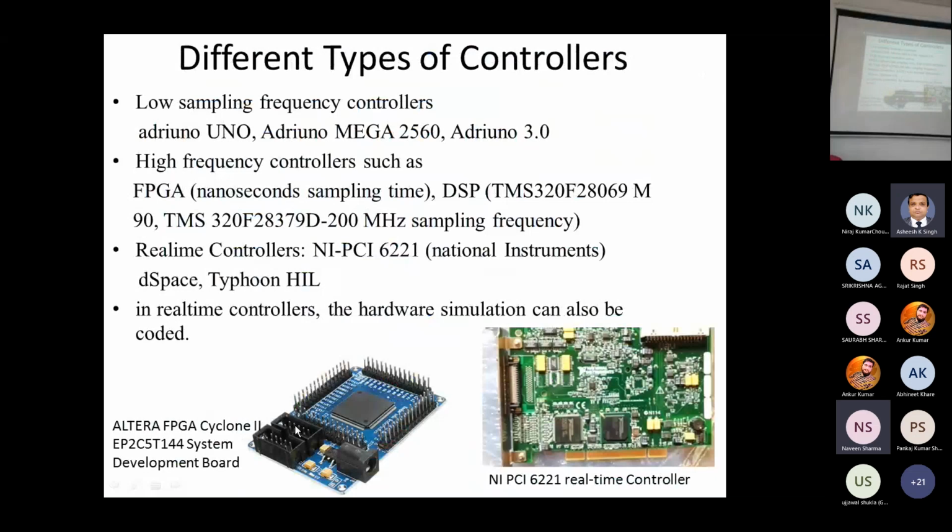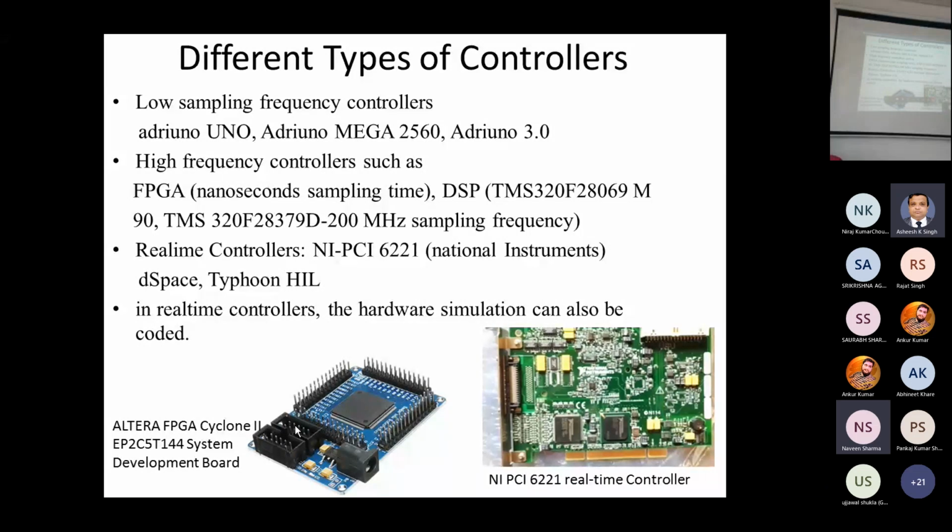Low sampling frequency controllers are Arduino UNO and Arduino Mega 2560, Arduino 3.0. High frequency controllers are there, FPGA, which have nanoseconds of sampling time, and DSP controllers have 90 to 200 megahertz sampling time.